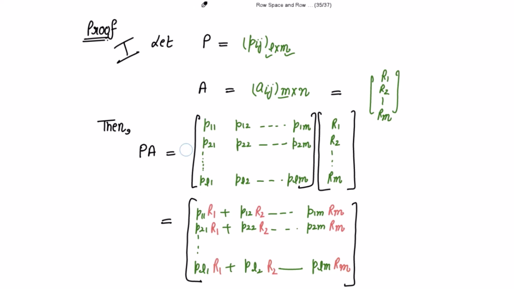Now, as the rows of PA are linear combinations of R1, R2 up to Rm, which means these rows will belong to the row space of A.